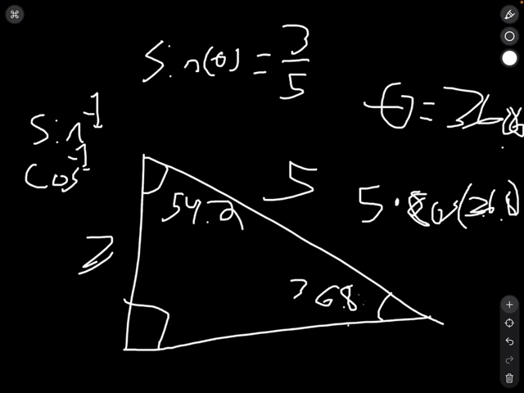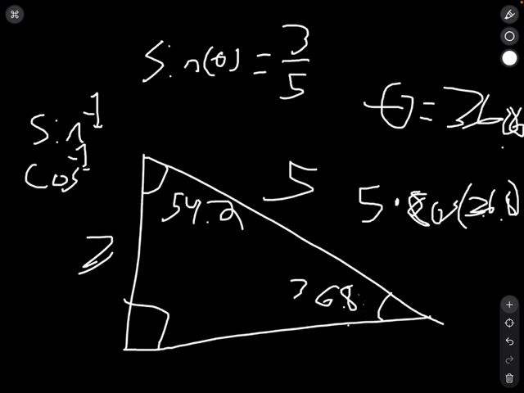So 36.8 sine times 5, wait, I did sine. I'm sorry about that. I'm not thinking today.